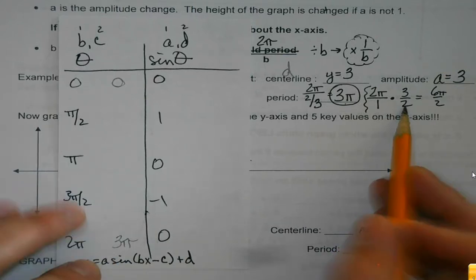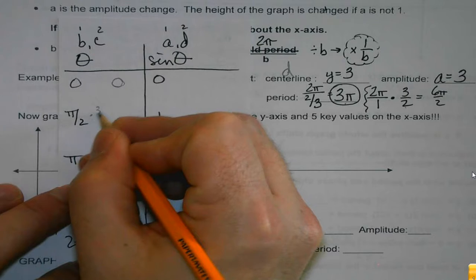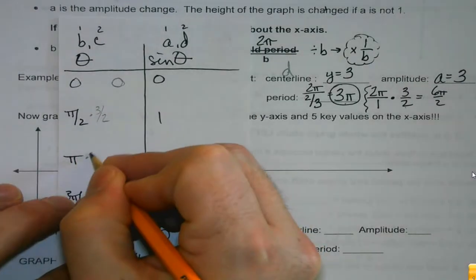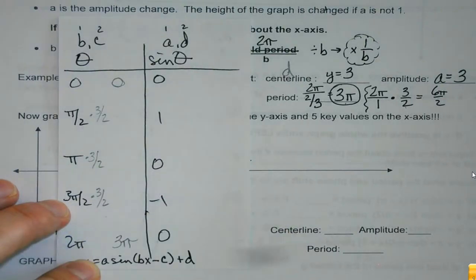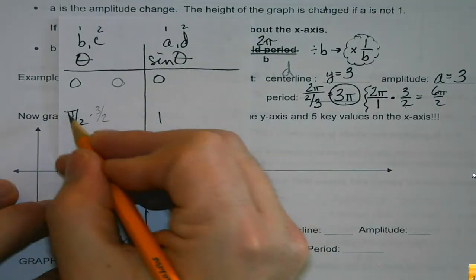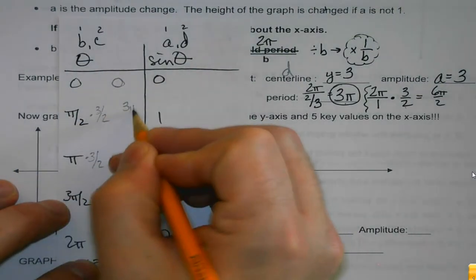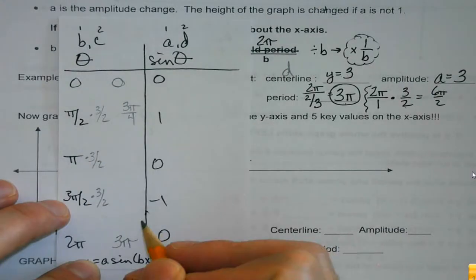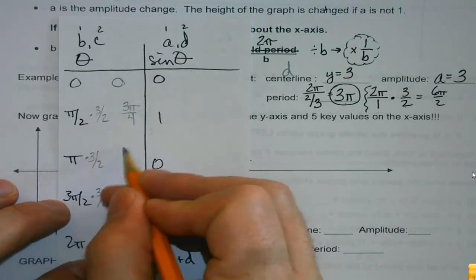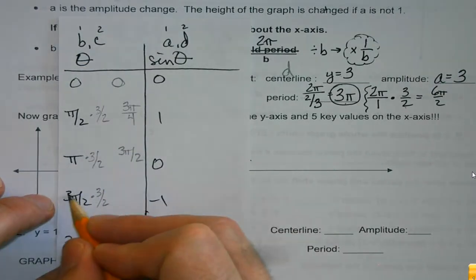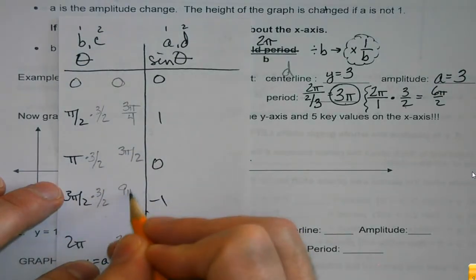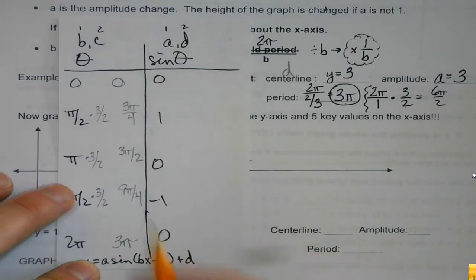Okay, so in this case, and this is why we're just kind of going light with pencil, pi over 2 times 3 would be 3 pi over 4. Pi times 3 over 2 would be 3 pi over 2. 3 pi over 2 times 3 would be 9 pi over 4.